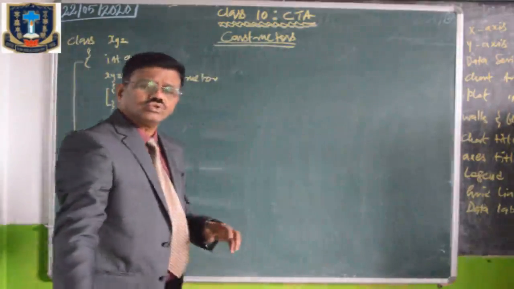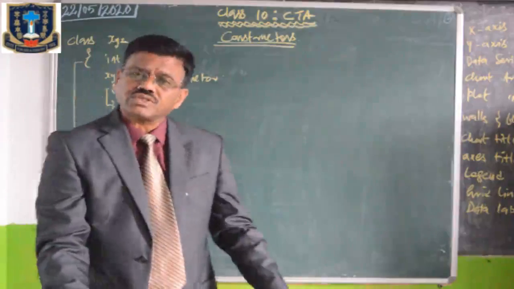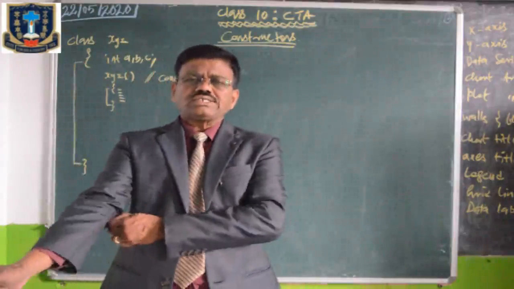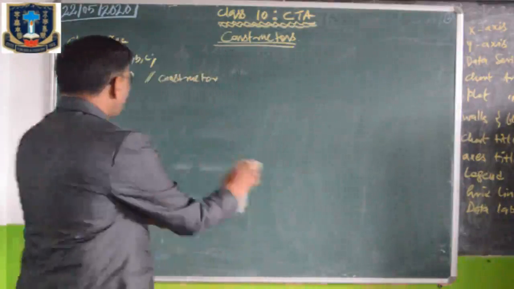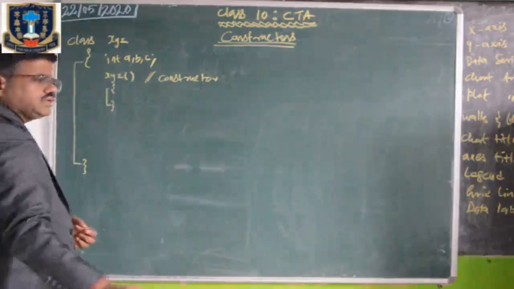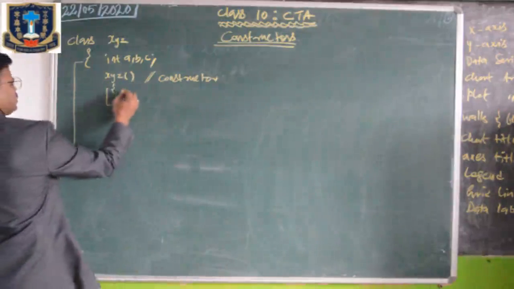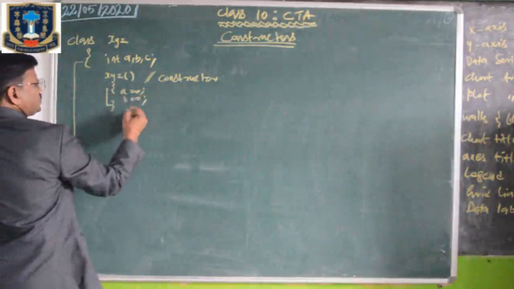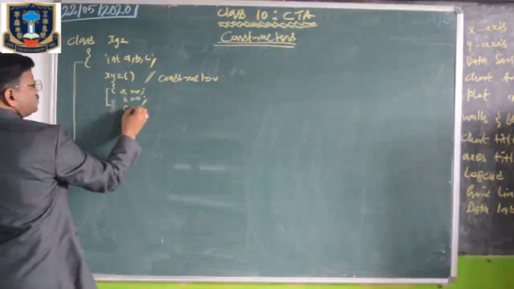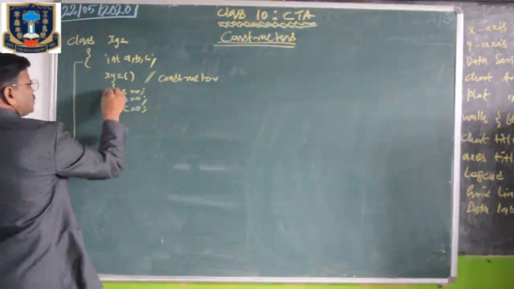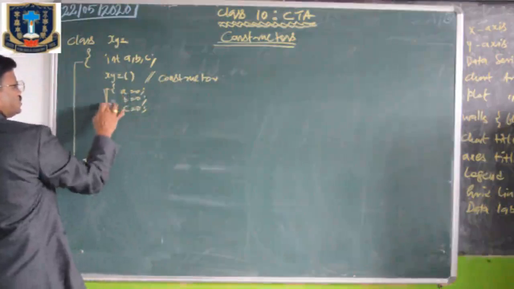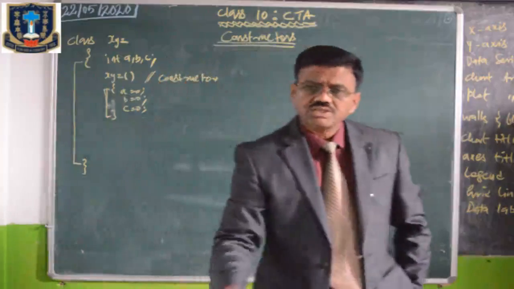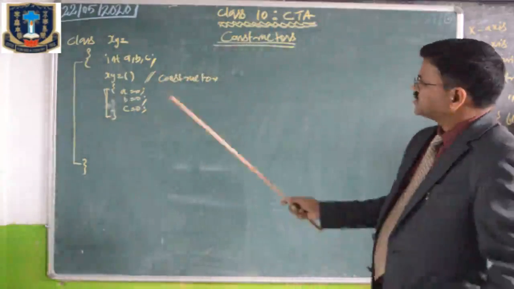But you need to know the concept of constructor because it is part of your ICSE syllabus. So what you do is, I give some values. For instance, A is equal to 0, B is equal to 0, and C is equal to 0. This is called a constructor.